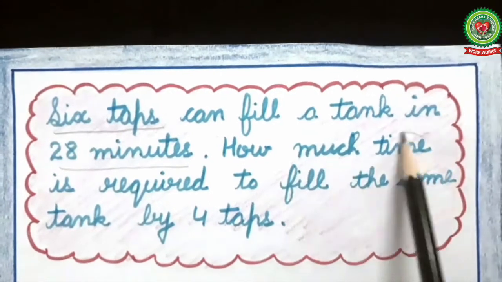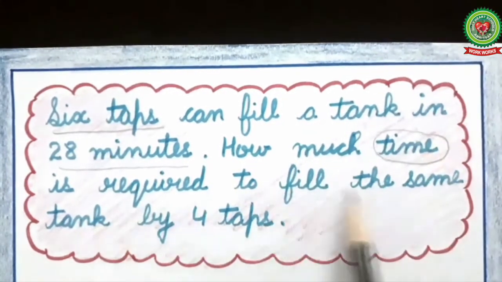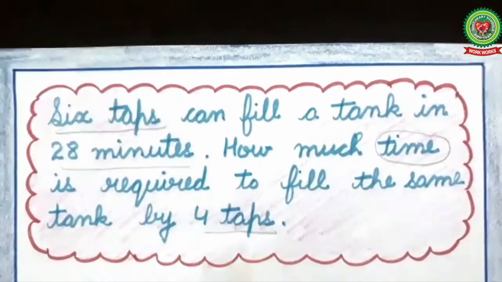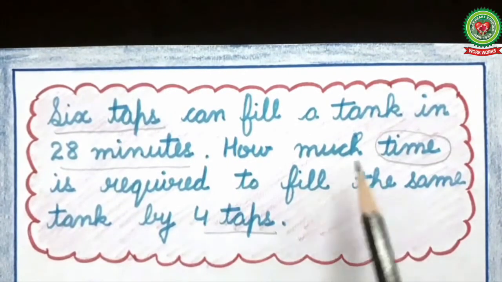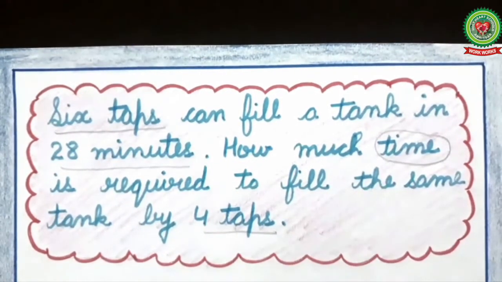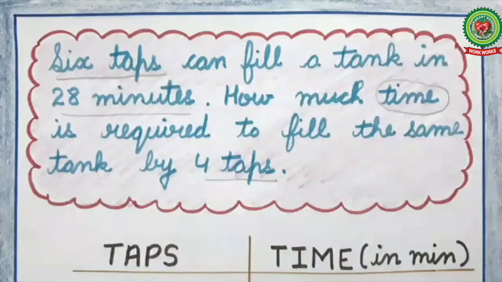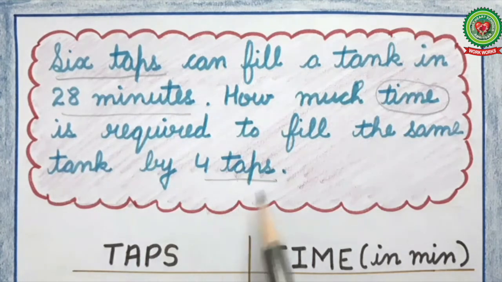We need to find the time for 4 taps. After reading the statement, we have recognized that on decreasing the number of taps, time will increase. So this is a situation of indirect variation. Let's start with its solution.